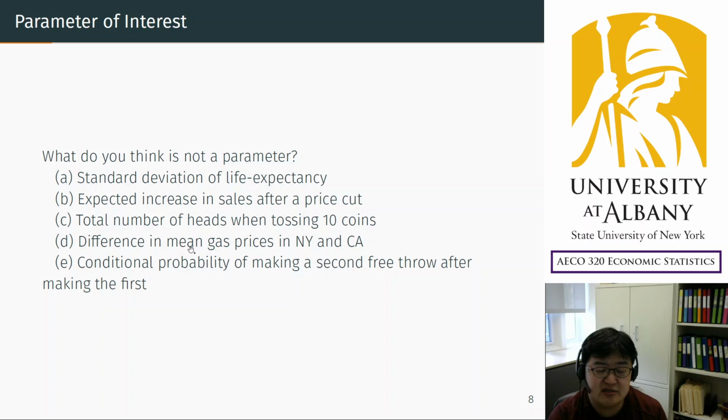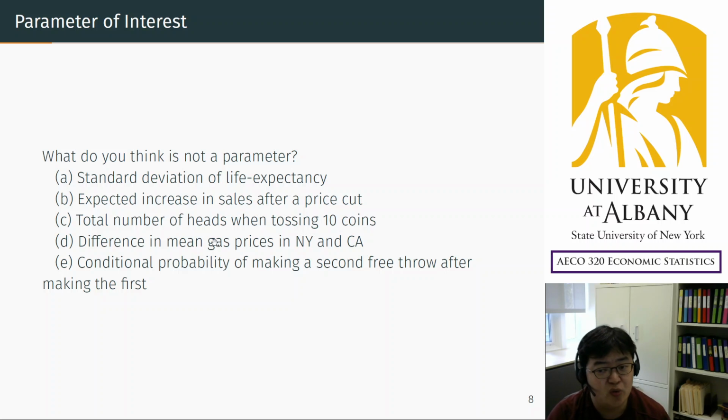And mean gas price, the same thing. If you could observe all gas stations in New York and California, you can calculate their mean gas prices, and of course then it is easy to calculate the difference. And the conditional probability of the free throws: if you observe an infinite number of free throws, then the conditional probability is known.